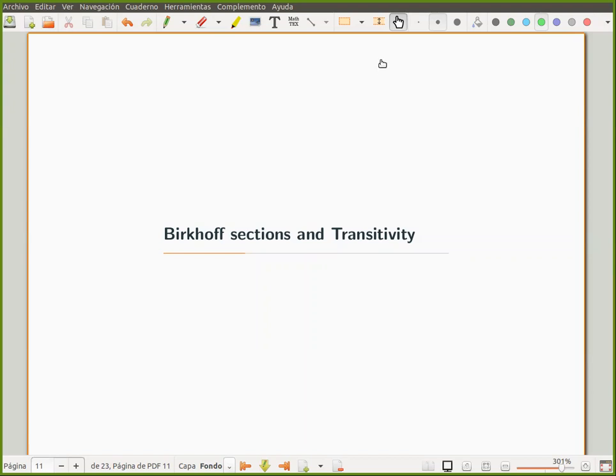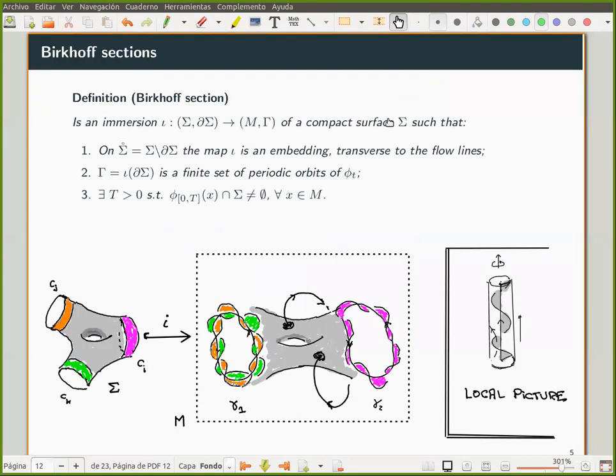Let's explain what a Birkhoff section is. Consider a non-singular flow phi on a three-manifold M. A Birkhoff section is the immersion of a compact surface in M such that along the interior of the surface, the surface is embedded, not just immersed, and transverse to the flow lines.